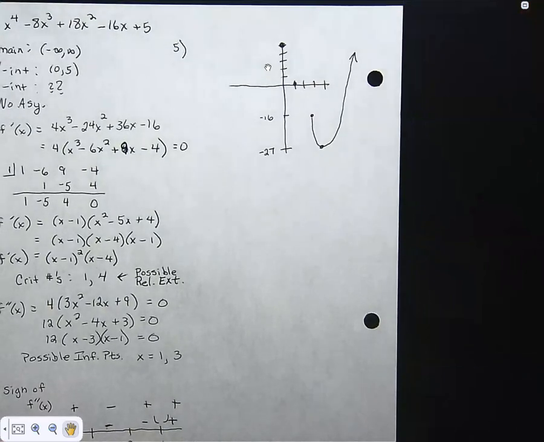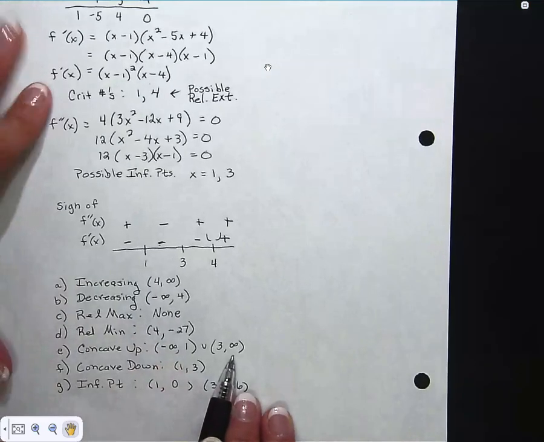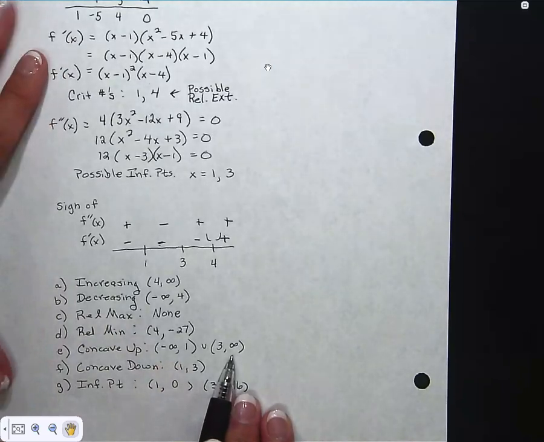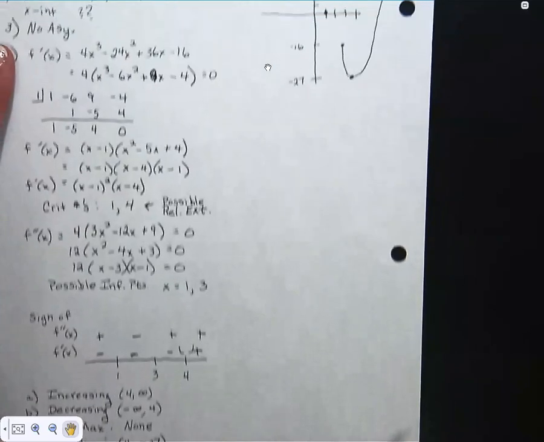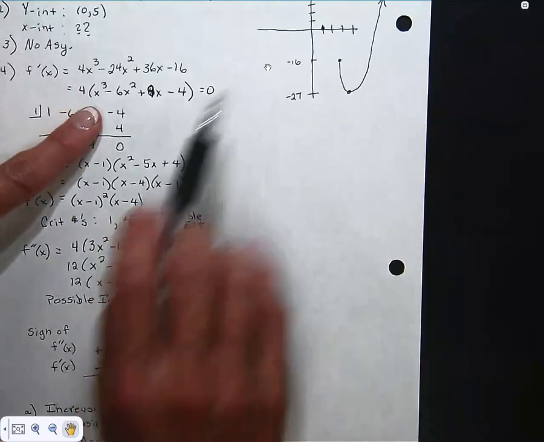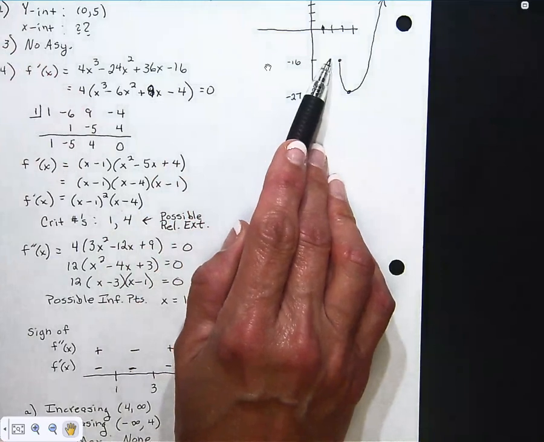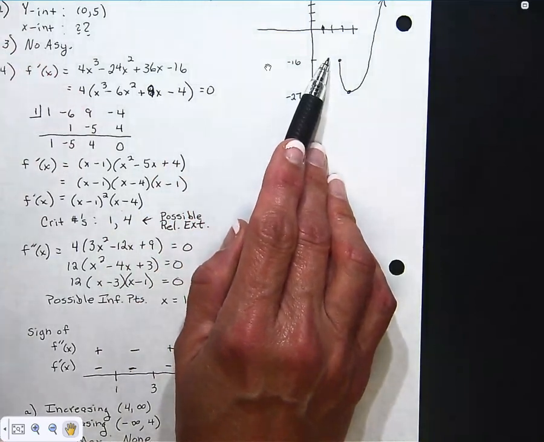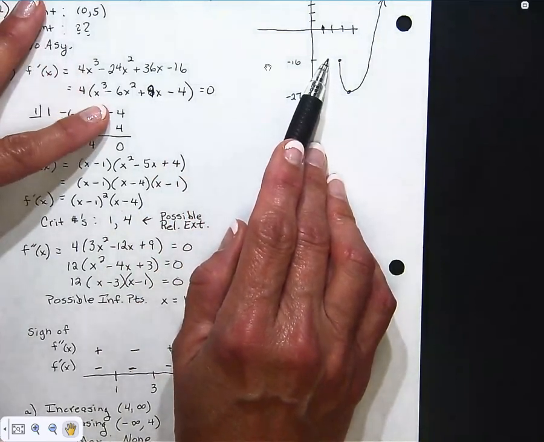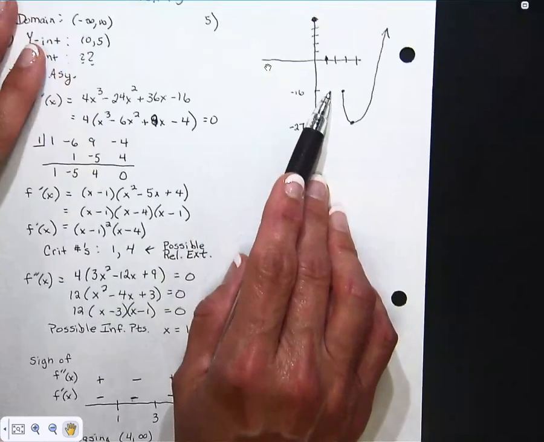It's concave up from 3 to infinity. I have that. Concave down from 1 to 3. How can it be concave down from 1 to 3, but yet it's decreasing? Draw what you think it would be on your paper.